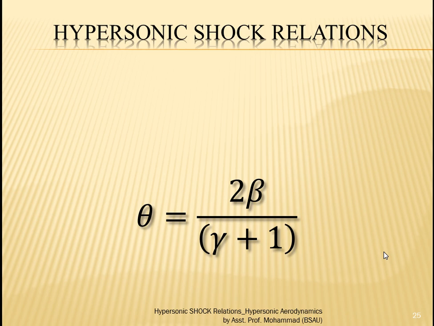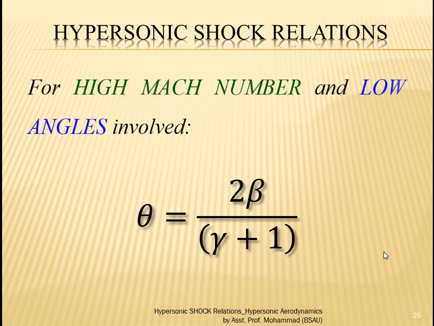So if the Mach number goes high, for a given theta, beta will attain some particular value. It will not go beyond that value. For high Mach number and low angles, we get this relation. We have applied two assumptions, high Mach number and low angles, and this lets us express beta in terms of theta. So now beta becomes explicit.